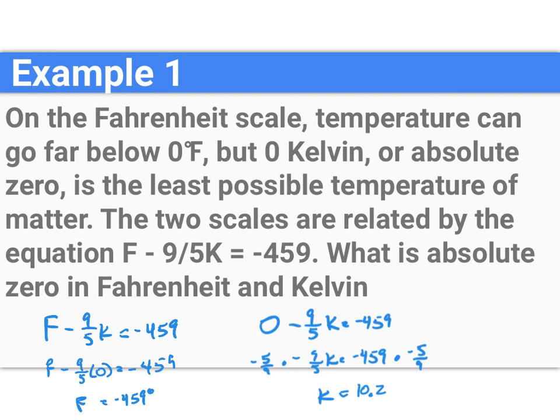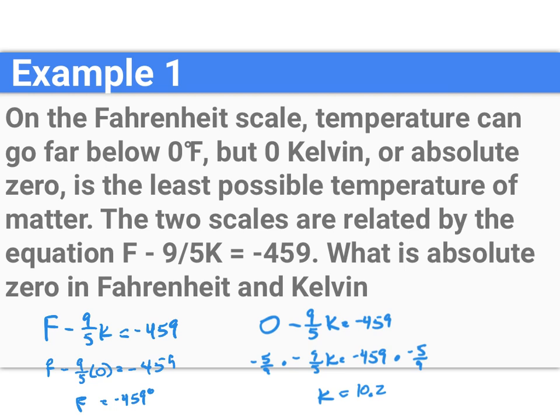10.2 Kelvin. You usually don't say degrees Kelvin. Absolute zero is supposed to be 0, so I guess we have a little bit of a factor that's off. What 0 Kelvin means, you don't say degrees when you're using Kelvin, is matter stops moving and something is absolutely frozen solid.